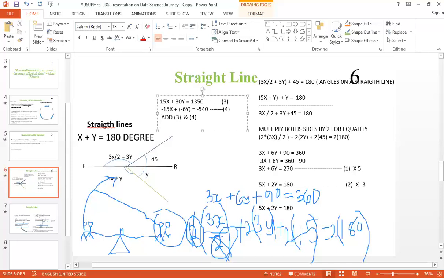If you add them together, you are going to have 15x minus 15x, plus 30y plus minus 6y, is equal to 1350 plus minus 540.